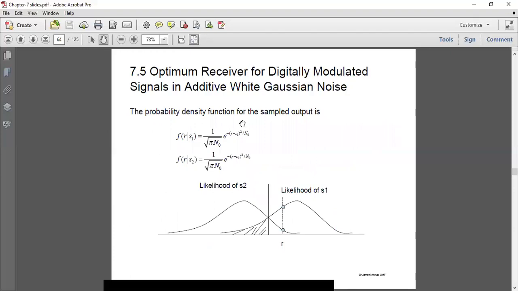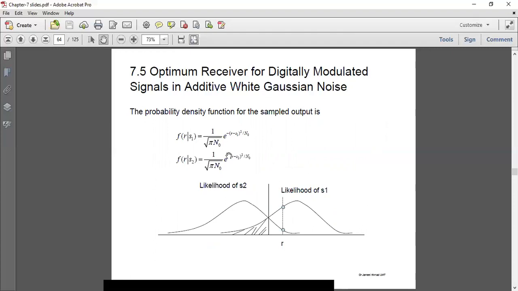The probability density function for the sample output. Now we have seen in the case of PAM signal, we are only transmitting two signals, s1 and s2. For each of them, we will get this likelihood function by putting the value here, r minus s1 and r minus s2. So these are the two likelihood functions.